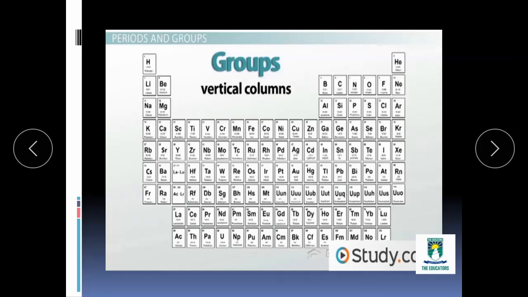Magnesium has 2 electrons in the outermost shell, so it belongs to the second group. This is how we can find the group number of any element. I'm repeating, the number of outermost or valence electrons tells us the group number of that element.